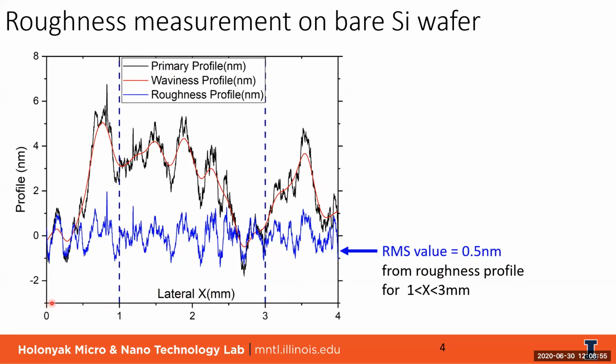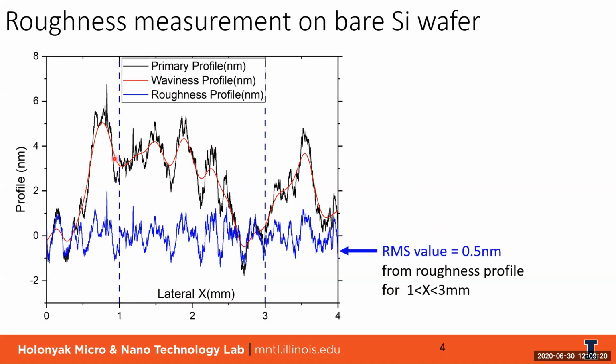For the rest of my talk, when we do the 4 millimeter scan and analyze the RMS value, I focus on between 1 to 3 millimeter, the center portion. We apply that equation, and we get an RMS of about 0.5 nanometer.